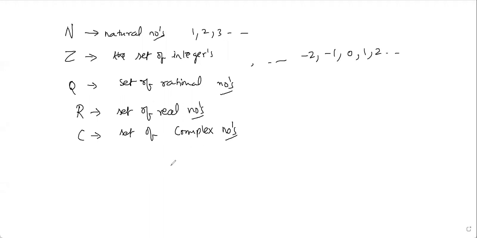If you observe this, N is a subset of Z, which is a subset of Q, which is a subset of R, which is a subset of C.